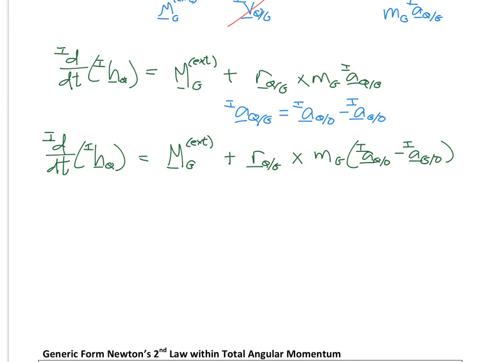To do that, we're going to relate a couple of our terms to the forces that are external on the system. Our moment about the center of mass is related to the external forces because it's caused by external forces. And the acceleration of the center of mass is also related to the external forces by Newton's second law.